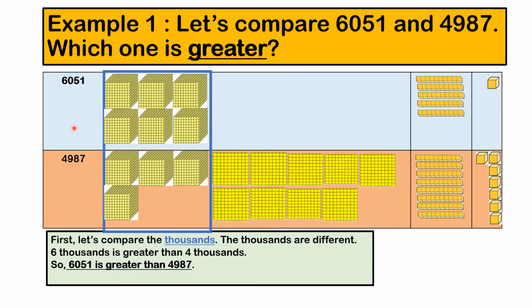It's the first one that you see first. We can see that the thousands are different, where 6,000 is greater than 4,000. So from the thousands, we can say that 6,051 is greater than 4,987.